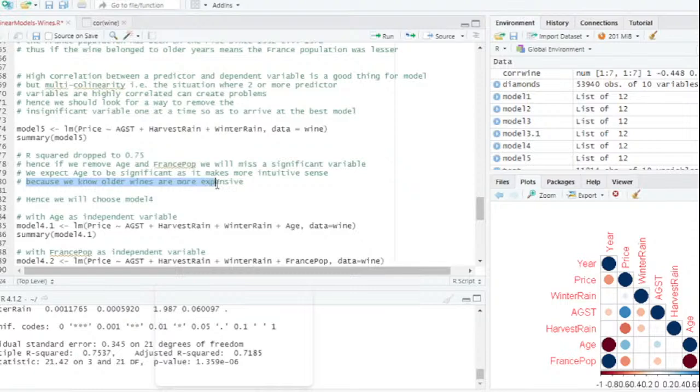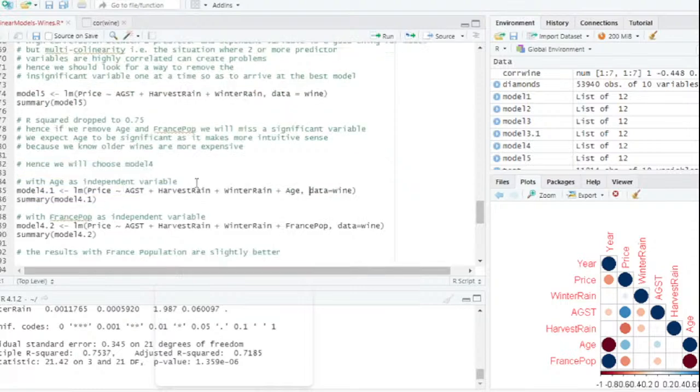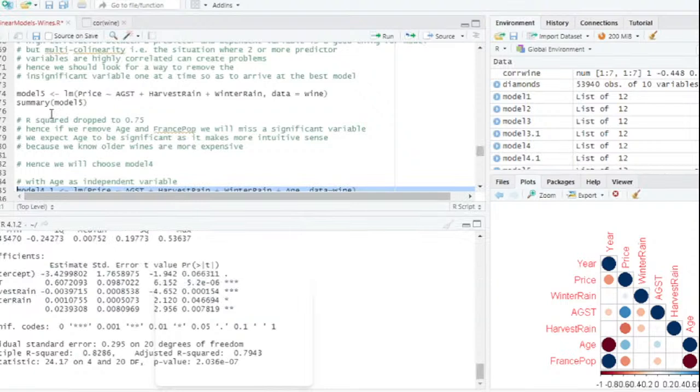So we will choose model 4 which has age in it, instead of the model which has France population in it. I will choose model 4.1 which has age in it, right? So I'll run model 4.1 again, and we'll look at the adjusted R square.